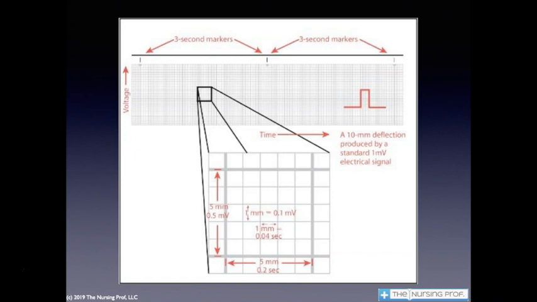That's important because if we're measuring our PR interval and our QRS interval, we need a way to measure it on that graph paper. That's why we're using that graph paper, because it is standardized so that each little block is 0.04 seconds and each big block is 0.2 seconds.